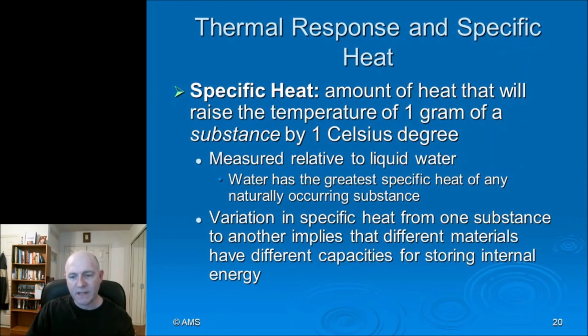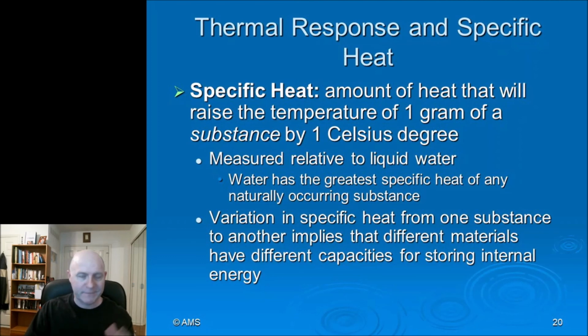Specific heat is related to the calorie. It's the amount of heat that will raise the temperature of 1 gram of a substance 1 degree Celsius. So, the calorie is 1 gram of water, 1 degree Celsius. But 1 gram of any substance by 1 Celsius is known as the specific heat.